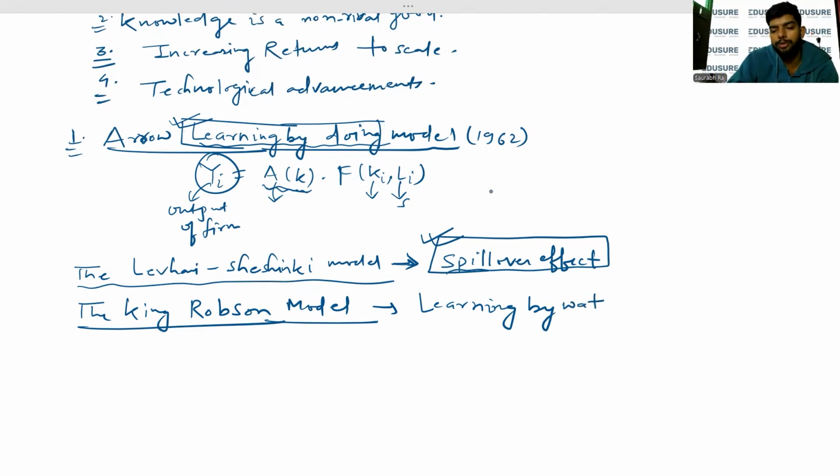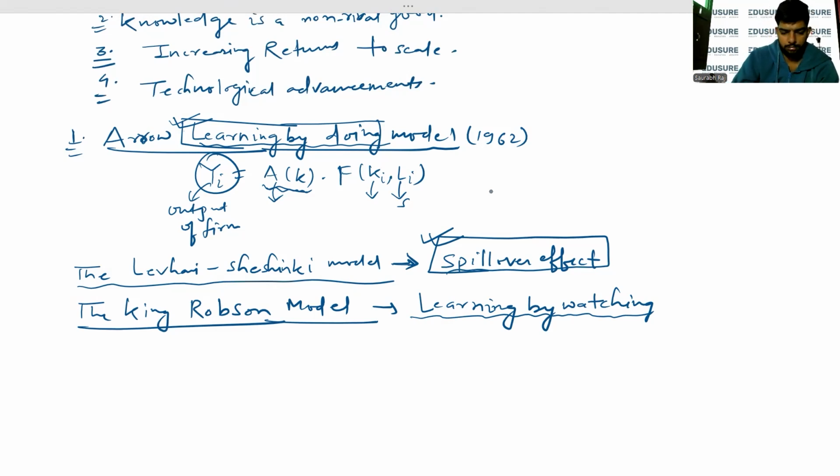Learning by watching means the innovation of one firm can be adopted by another firm. So some firm innovates, other firms will watch their innovation and incorporate it into their own firm. This will create a long run growth rate. Ultimately, the goal of this growth model is to achieve maximum growth within the economy. The source can be whatever.